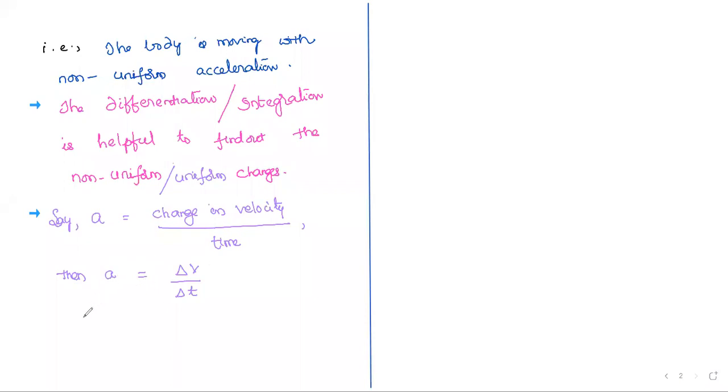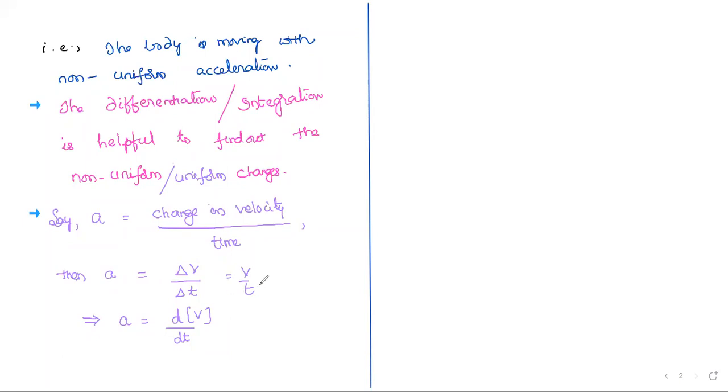Here, whether those changes are uniform or non-uniform, in mathematics we write that delta changed with the letter d, so dv by dt. Then immediately a student will again go into a misconception: this is very simple, like the above equation, delta v by delta t, delta delta cancel, and we write it as v by t.